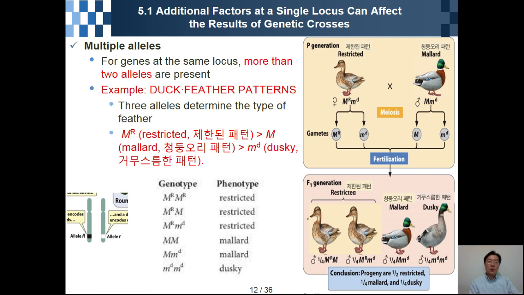If only two alleles are present, after heterozygotes fertilize together, usually the pattern will be 3 to 1. But in this case multiple alleles are involved, so the ratio is 2-1-1. So when the ratio is 2-1-1, it may mean that multiple alleles are involved in the genetic process.